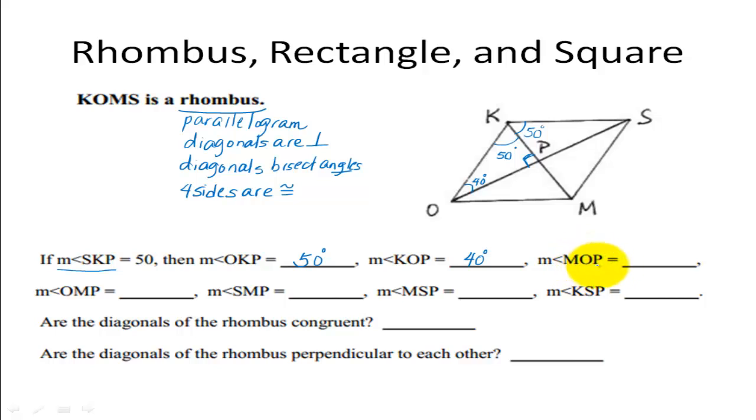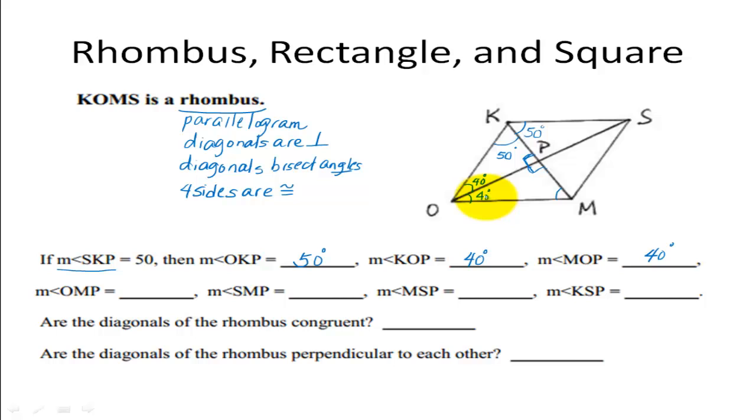Measure of angle MOP. MOP, that's this piece right here. We said the diagonals bisect the corner angles, so this is 40. Okay, there's 40. Measure of angle OMP, that's OMP, this way. They want to know what this measure is. Well, again, the diagonals in a rhombus are perpendicular.